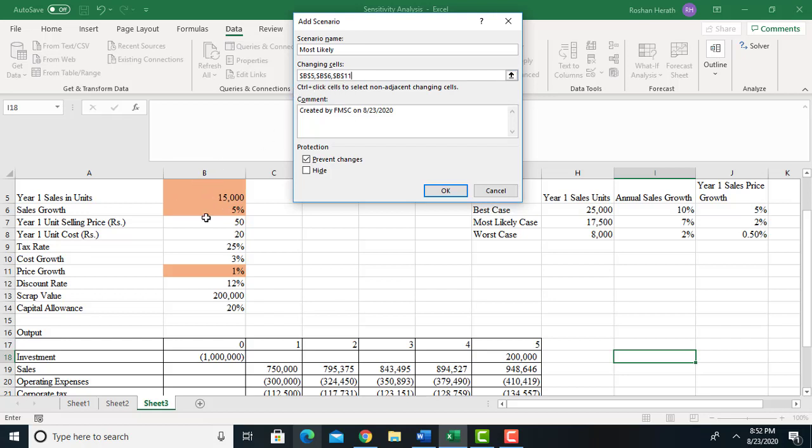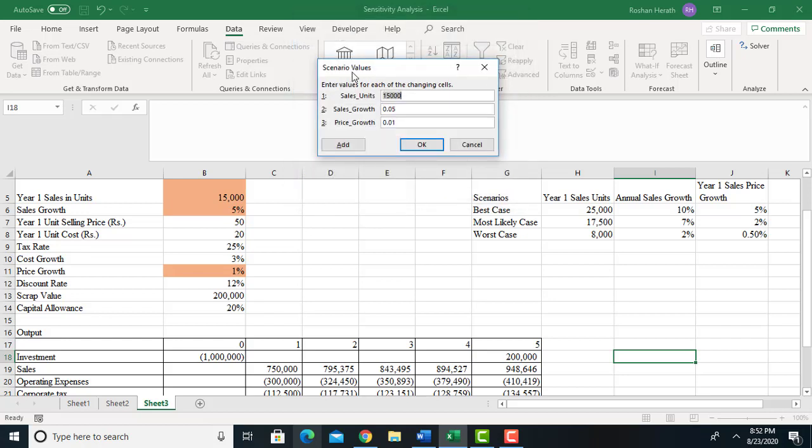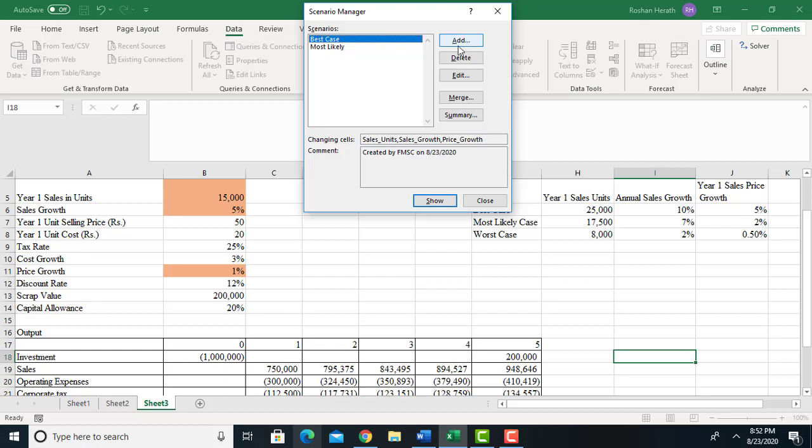B5 is there, B6 is there, and B11 is there. So everything was made constant and say okay. Now you can insert the sales unit. Under the most likely case, it is 17,500. The growth is 7% and the price growth is just 2%. Say okay. Then the second scenario is added.